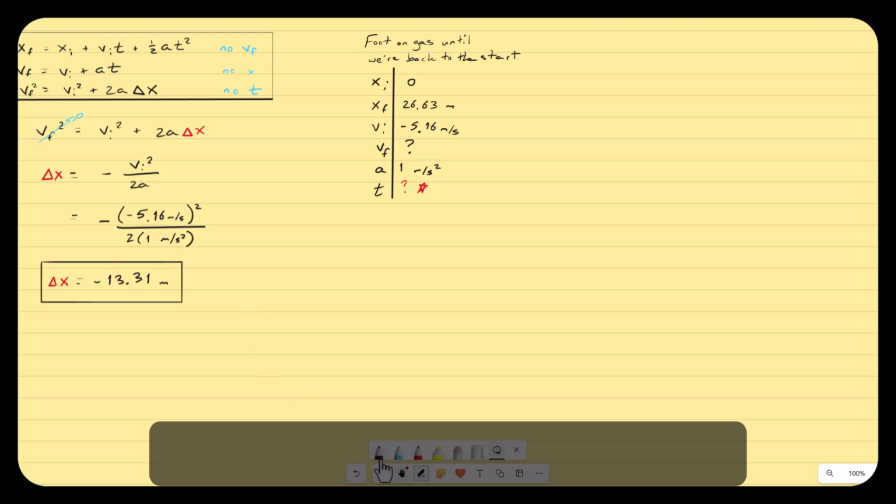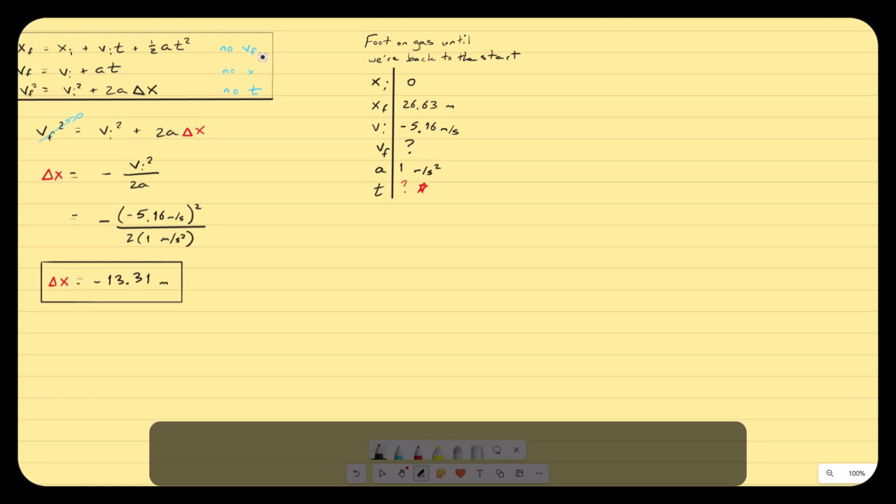So there we go. Looking for time. I don't know V final, but I know all these other quantities. Maybe now I could use equation 1. Equation 1 doesn't require me to know V final.